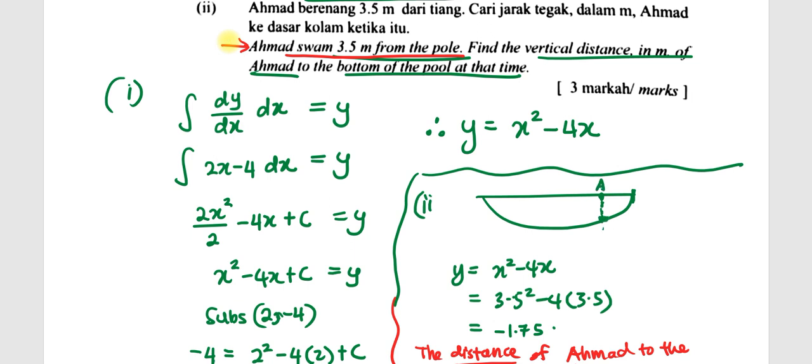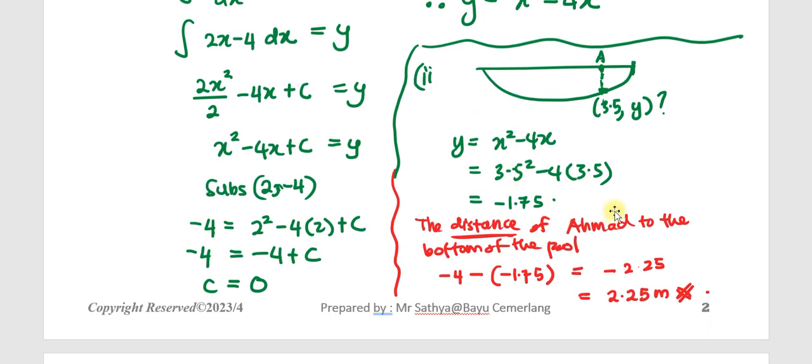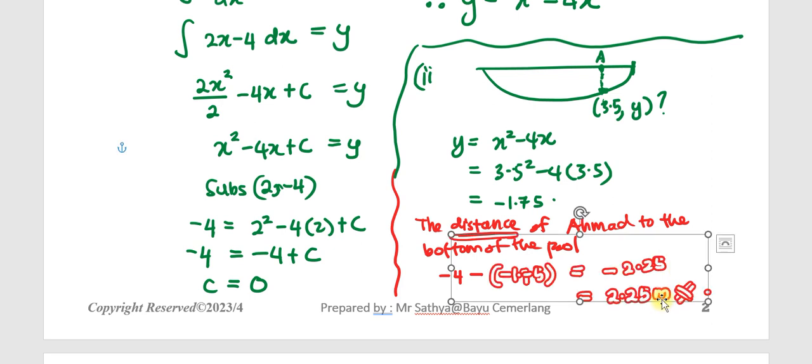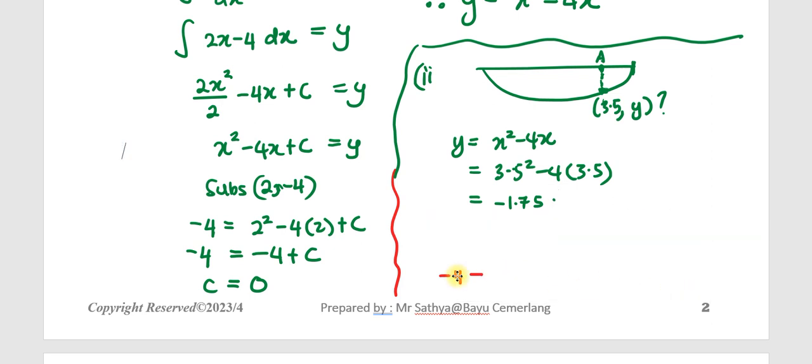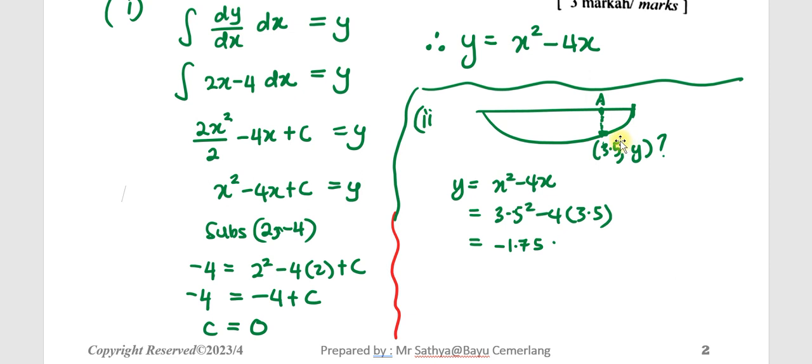This is 3.5, and what should be the y? When you substitute the 3.5 into the equation, you get negative 1.75. So you just answer 1.75 meter. That's all. The answer given is correct, because this is the bottom of the pool and here is Ahmad. They just want this distance only.